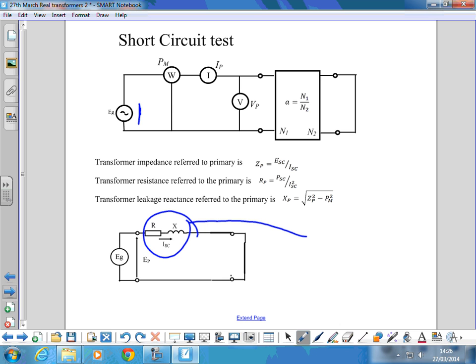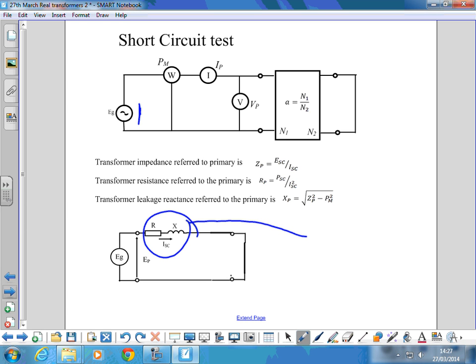Okay? That allows us to get these two component values. That's the combined primary and secondary side leakage reactances and winding resistances transferred to the primary side. Because all the measurement is happening in the primary side, we cannot even get the individual impedances of primary and secondary from these practical measurements.